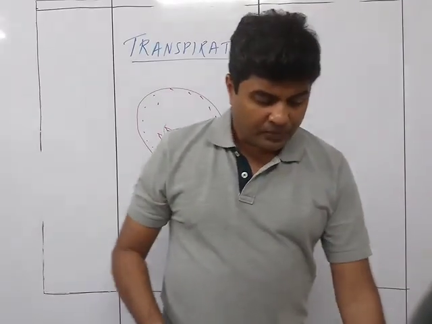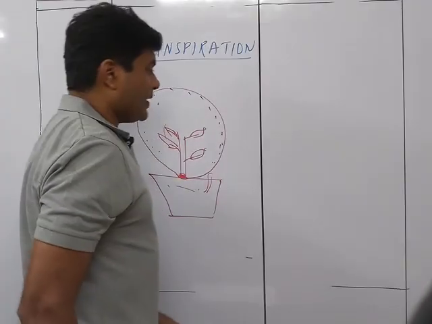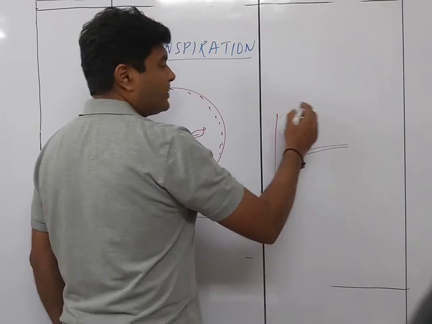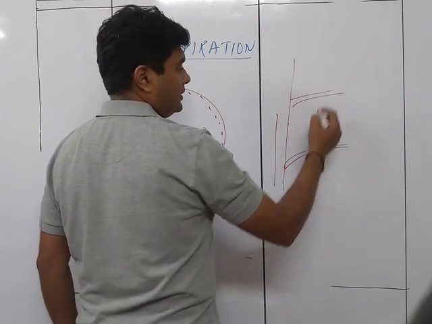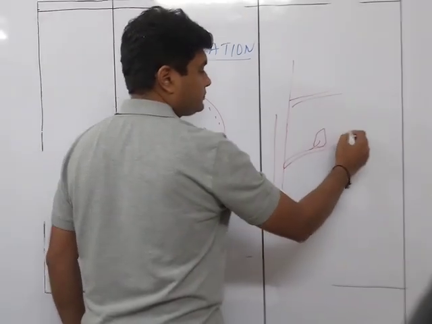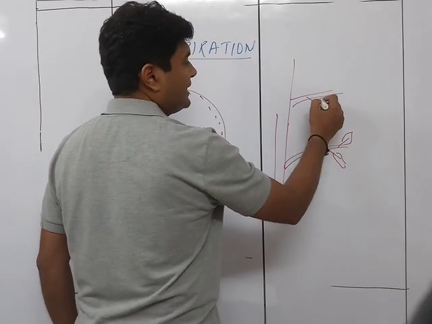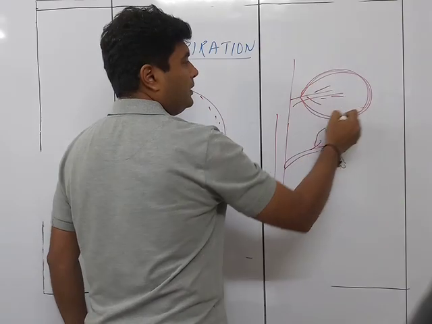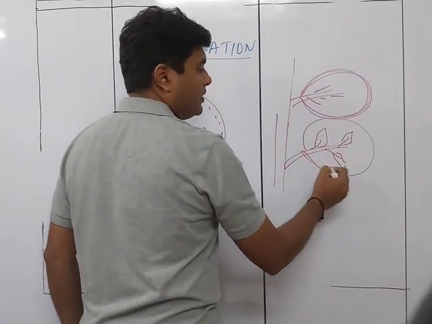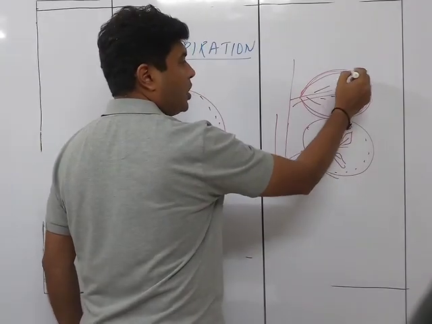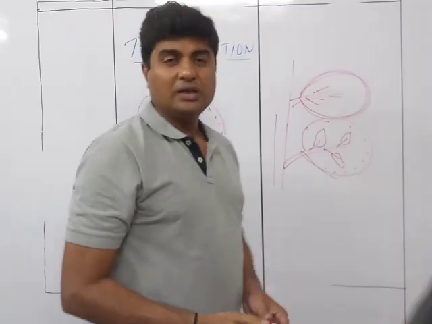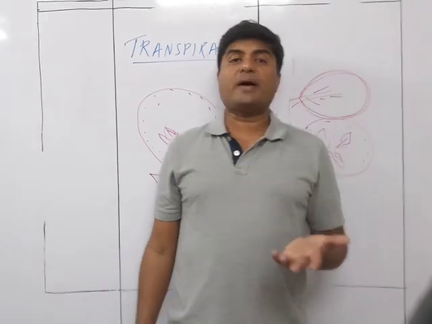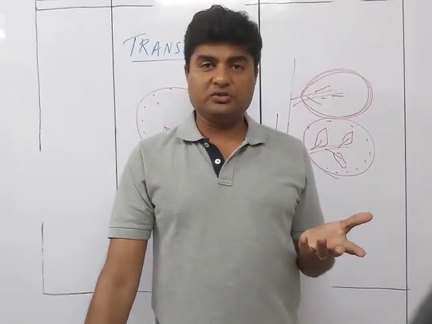Now you can also see one more thing. If this is a branch, and there are two branches, one is a branch over here, one is a branch over here. Here the branch has got leaves, whereas here the branch does not have leaves. If you put a polythene bag here and a polythene bag here, there will be droplets of water in this, but no droplets over here, because transpiration takes place maximum from the lower part of the leaves, that is the stomata of the leaves.